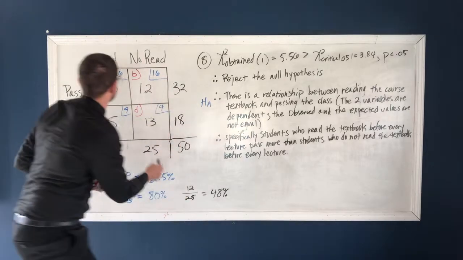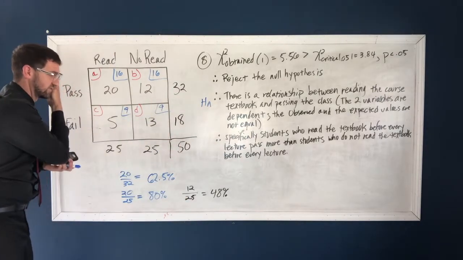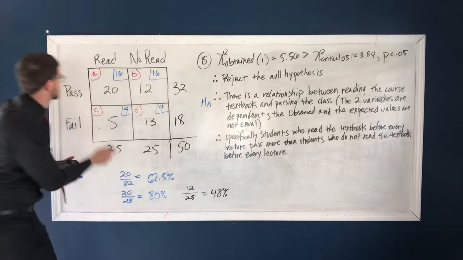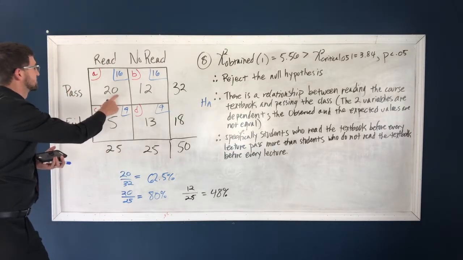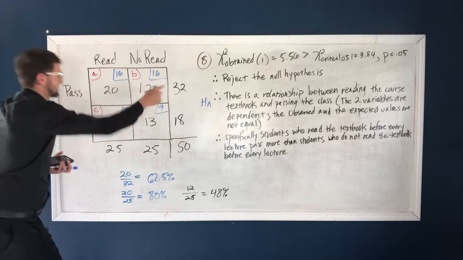Okay, so that's looking at read versus non-read, but let's go back to pass-fail. So 20 students who passed the class read the textbook.